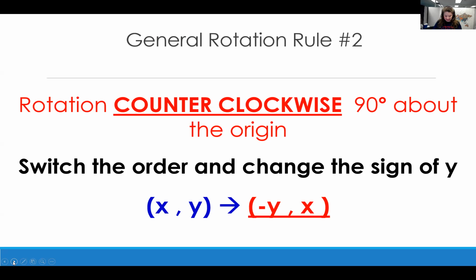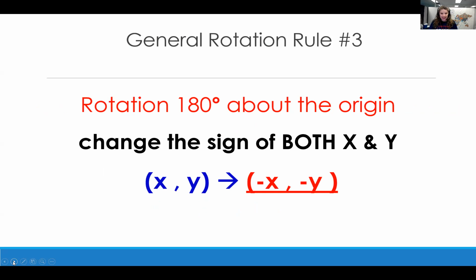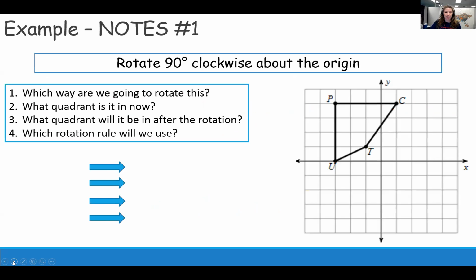So 90 degrees counterclockwise is the opposite. We take our original x, y. The y coordinate comes to the front and changes signs, and the x moves to the back and doesn't change. Now 180 is basically the numbers don't change positions, but both of their signs change. The numbers stay in their original places, but the signs change.